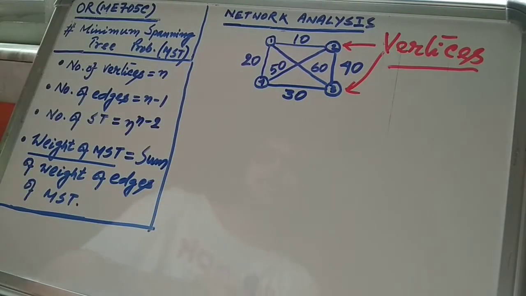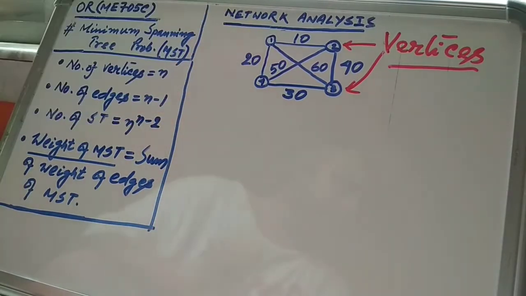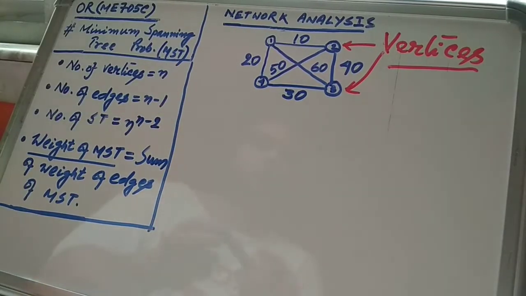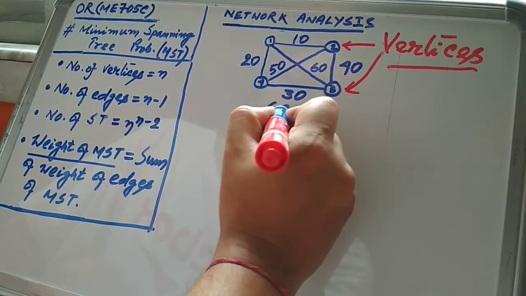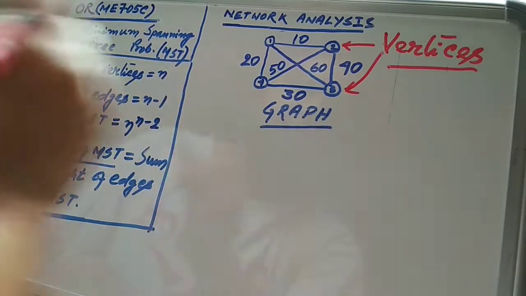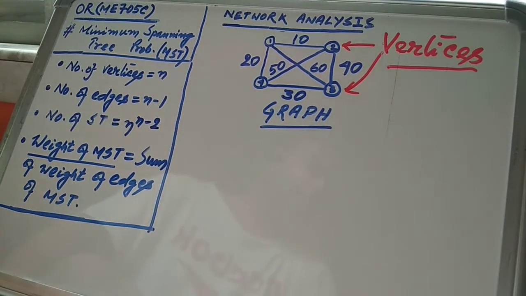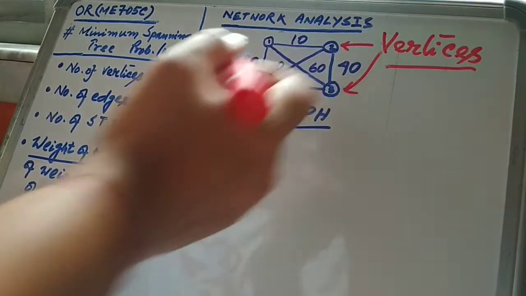There are some rules while constructing a spanning tree. First you should learn what a tree is and what the basic difference between a graph and a tree is. In the introductory class I already told you that a graph is a closed loop.